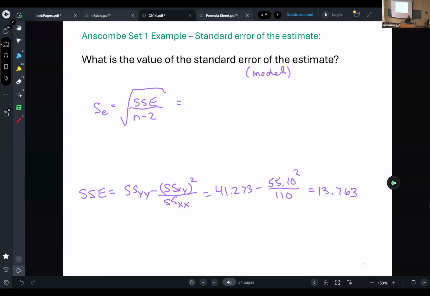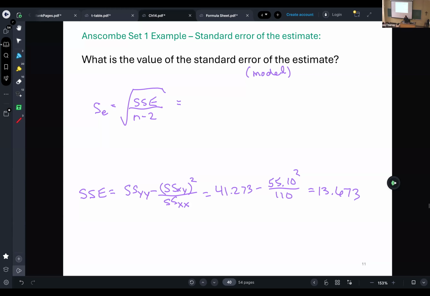I got a different number. 13 point 673. I'm not sure why my notes are not right, but it's 673 instead of 763. I've just written it backwards.